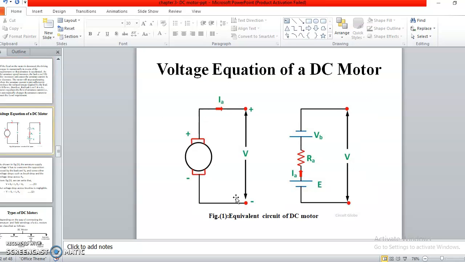Now we'll discuss the voltage equation of DC motor. Here is the symbolic representation or equivalent circuit of DC motor, where back EMF EB is opposite to the supply voltage V. RA is the armature resistance, IA is the armature current, and V is the supply voltage.